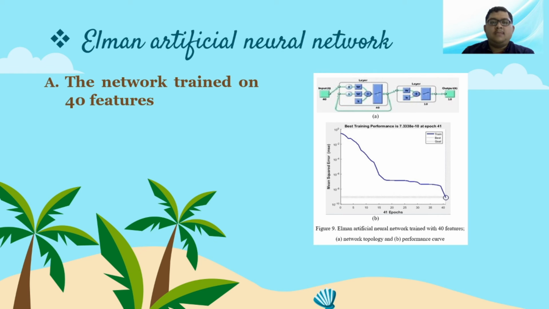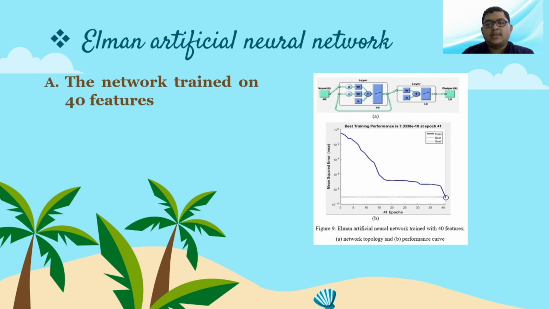Next, the Elman artificial neural network. A. The network trained on 40 features. The input layer of this neural network has 40 nodes and the output layer has 10 nodes. The topology of this network is shown in Figure 9a.